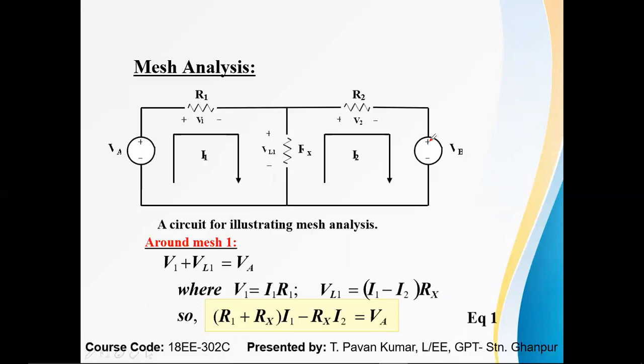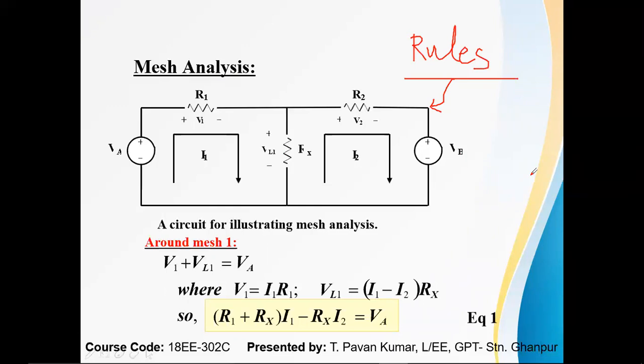So this is the basic procedure for applying the rules of mesh analysis. I can name it as rules. To show how we apply those rules in this circuit, I took R1, R2, R3 instead of numerical values for those elements.